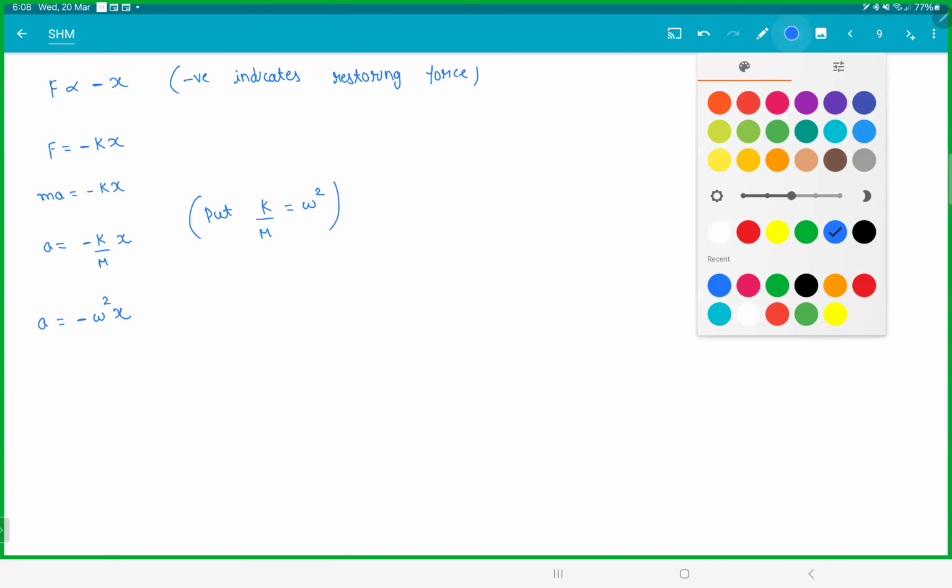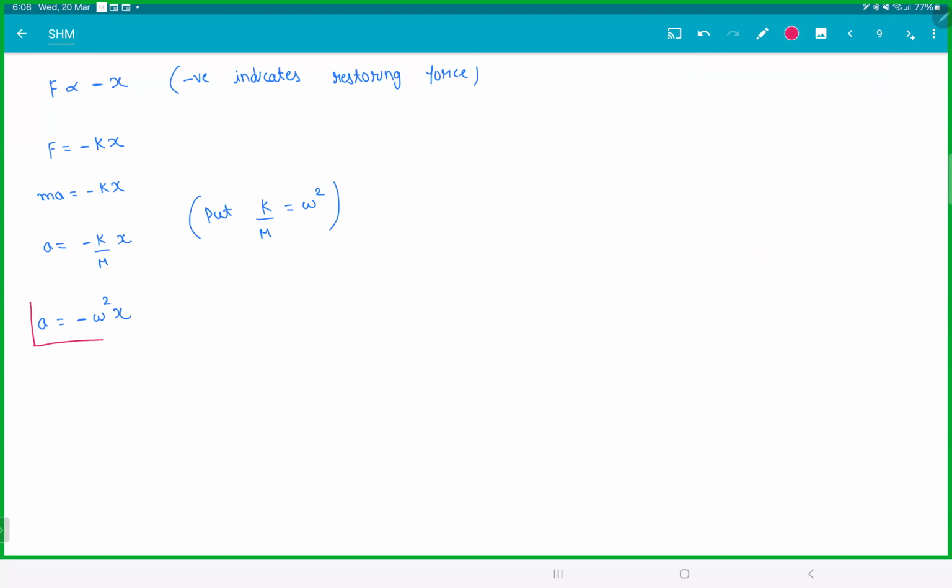So this is the first equation which you need to remember. So whenever there's an SHM, the acceleration and the displacement are related by this function. Now you can write acceleration as v dv by dx, which is minus omega square x. Now just imagine when this block is moving here, this is your mean position.